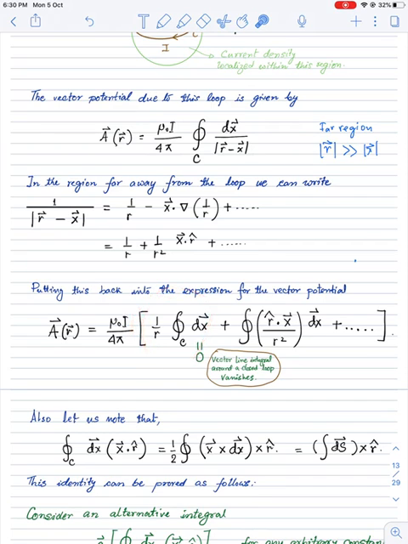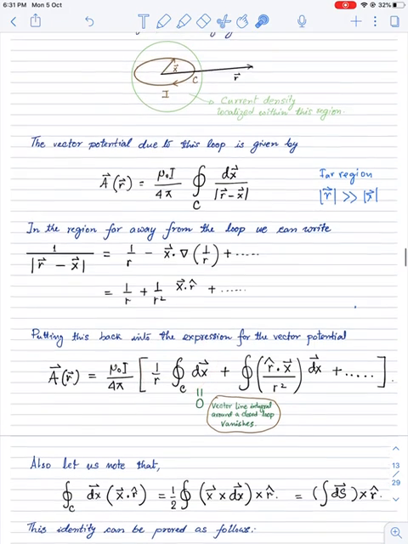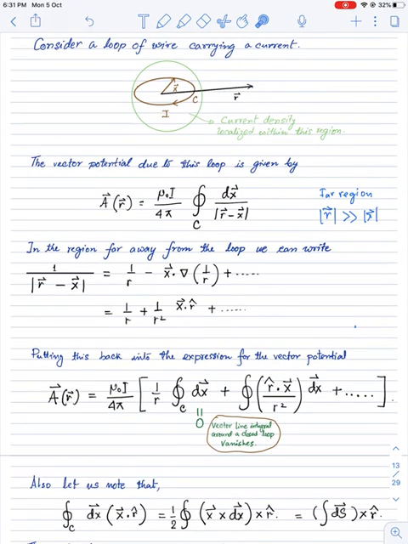And so, therefore, we are seeing that in general for this particular configuration, there will be no term corresponding to the charge. Okay, so this is similar to the dipole that we have seen in electrostatics. We saw for the dipole, the total charge was zero.